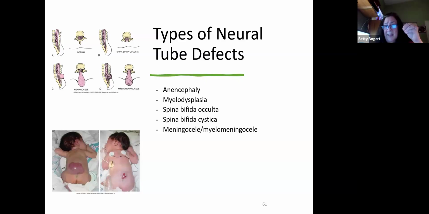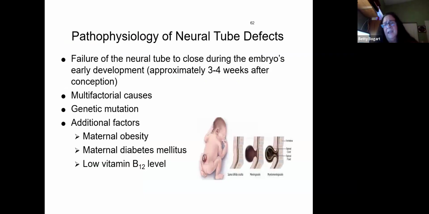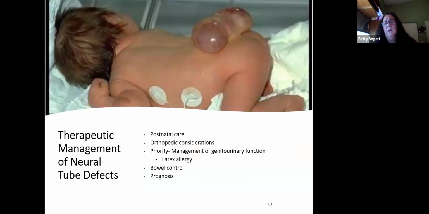And it could be a little piece out or a big piece out. Now, it could be caused by many different reasons, okay, that this does happen. And it happens in utero, and then they're born. Many of them we know because we've done ultrasounds and we see it. So when they are born, we have to know what to do for them. That's going to be our baby to take care of.